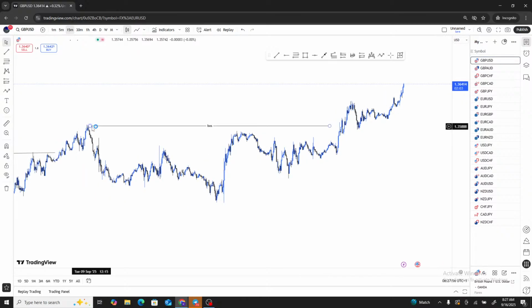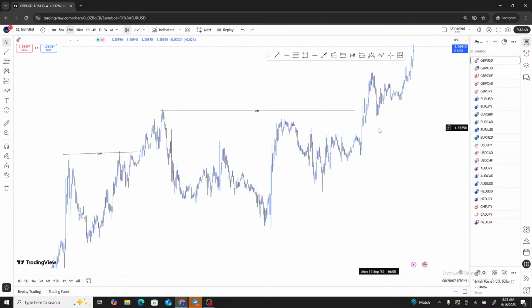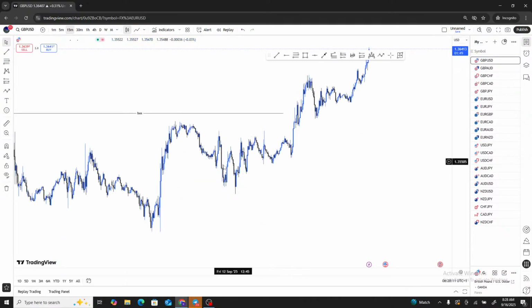The next thing we are supposed to do is to mark out our possible order blocks, where we can trade from. So if we check, you can see this from here to here. This is a hidden order block.